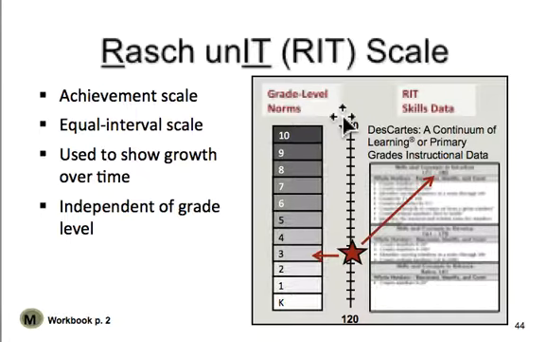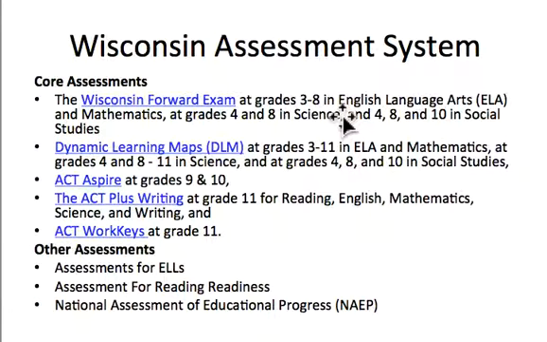Now, the final thing that I want to mention is the Wisconsin assessment system. So we've talked about things like MAP, we've talked about the Forward Exam, and there is a whole system in place to try to figure out where students are at. The Forward Exam goes on for English language arts and math 3 through 8, and you get science at 4 and 8, and social studies at 4, 8, and 10.